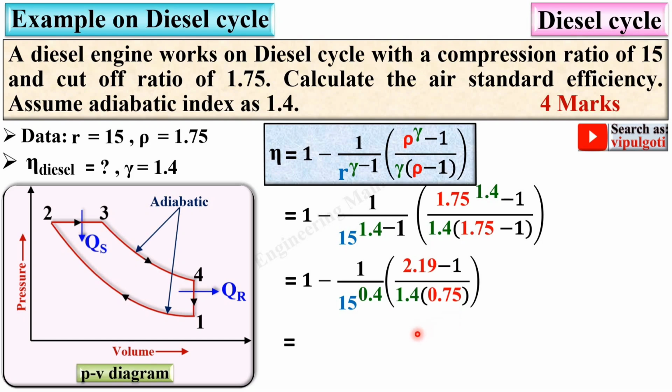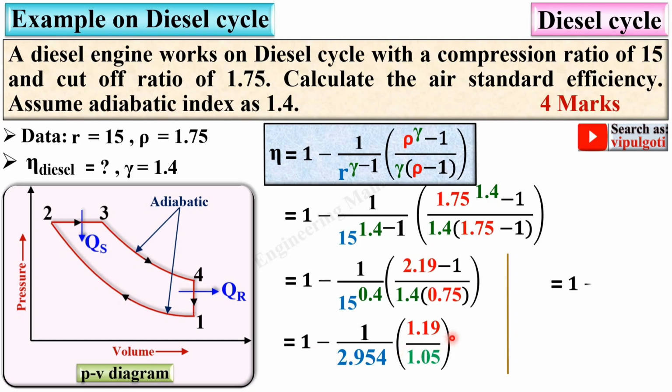Again simplify. So 1 minus as it is. Now 1 as it is and simplify this term. That is 2.954. In bracket you can see 2.19 minus 1 means 1.19 and here the multiplication of these two is this one. Again simplify this.